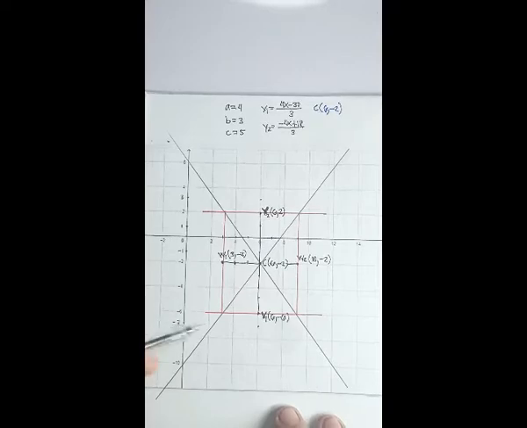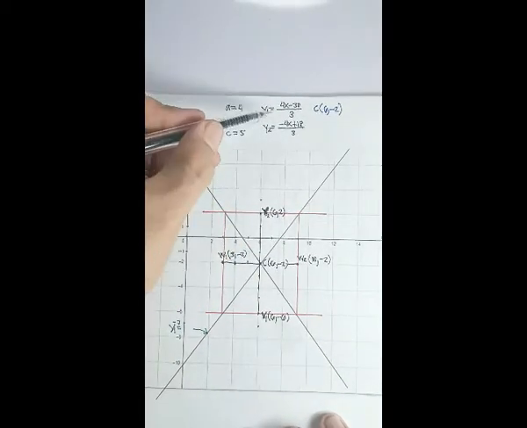So mao na kini nga line atong y1, so this is our asymptote.